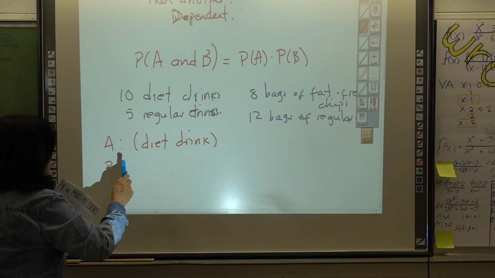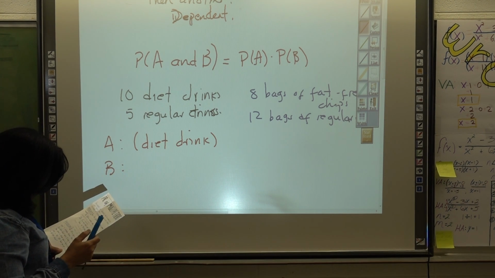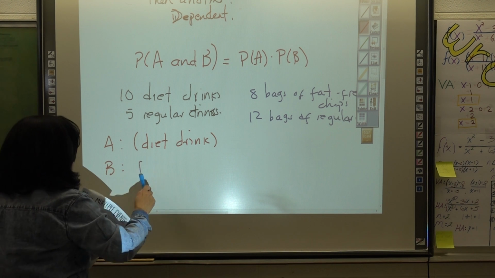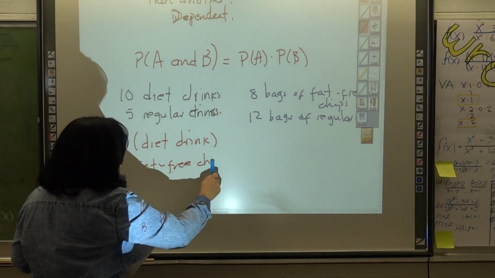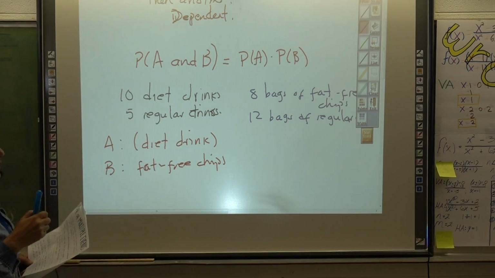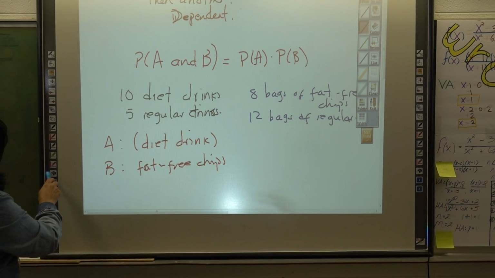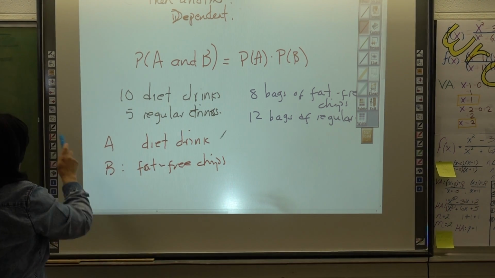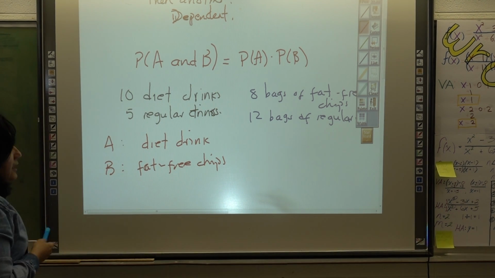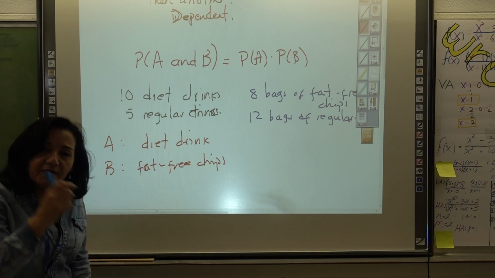B is you are going to select fat-free chips. Okay? So how do we find the probability of A and B? The formula says probability of A and B is multiply the probability of A, probability of B.